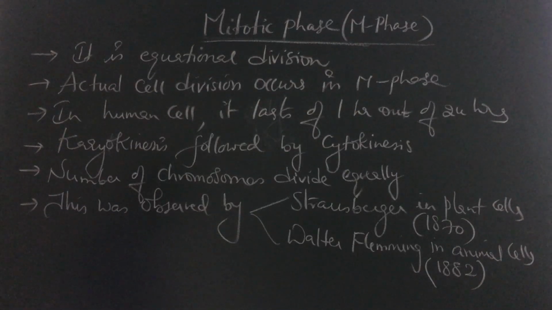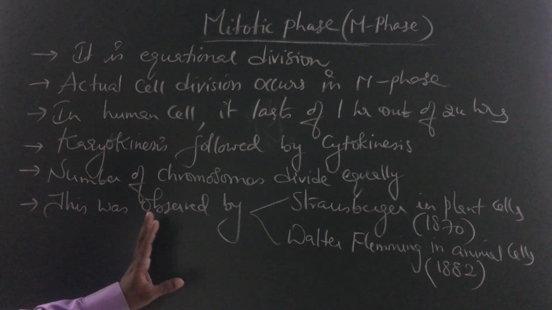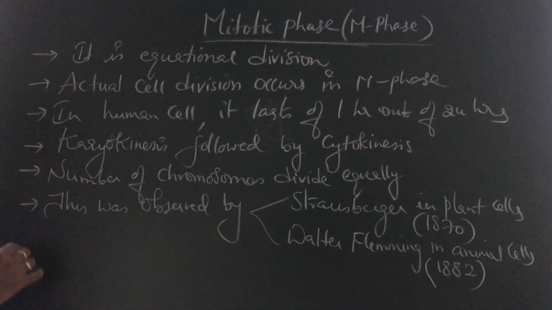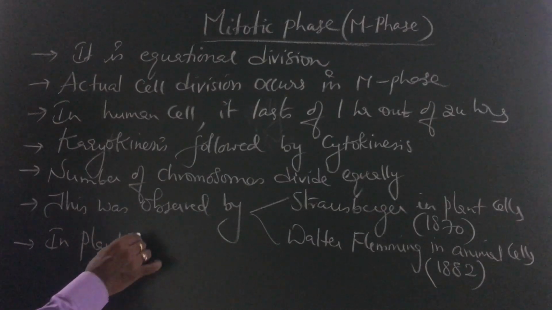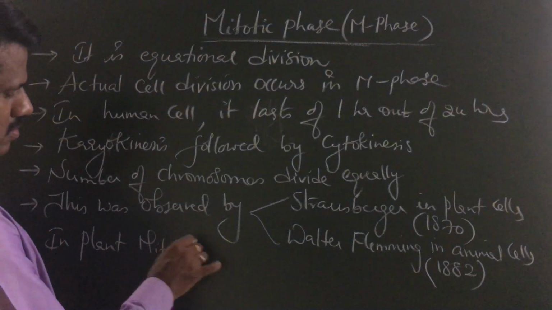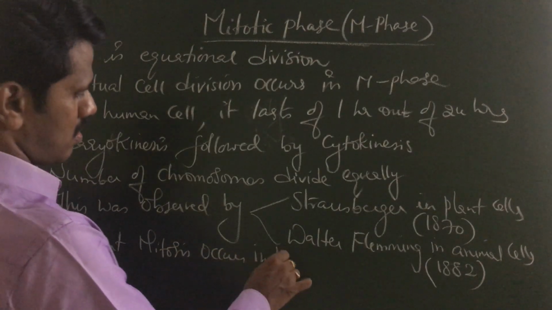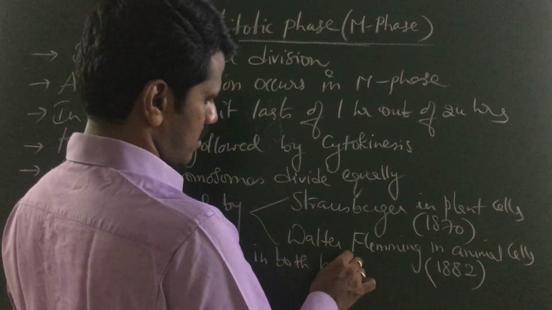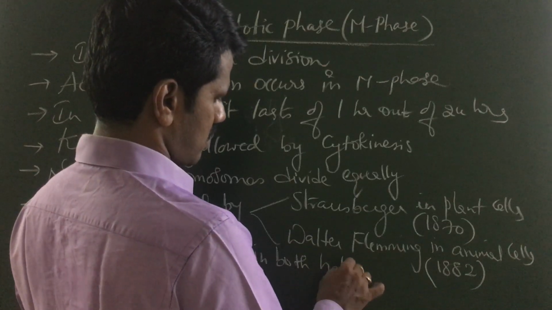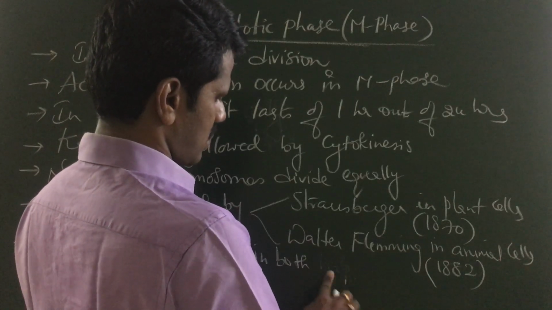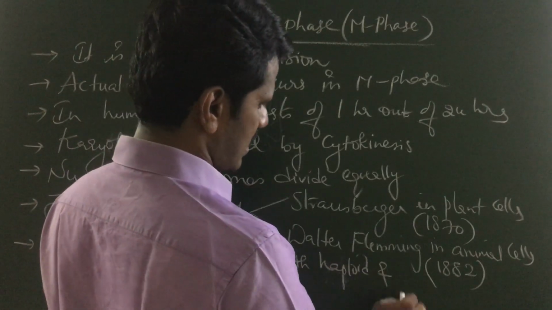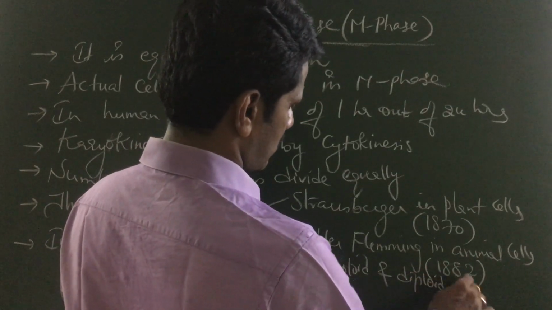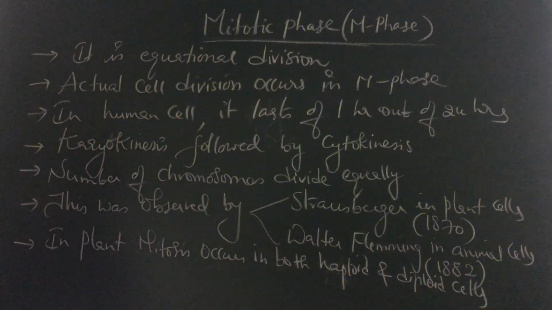Next, the plant cell. In plants, mitosis occurs in both haploid and diploid cells.